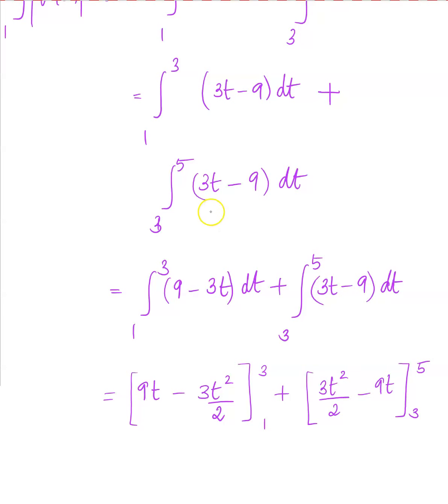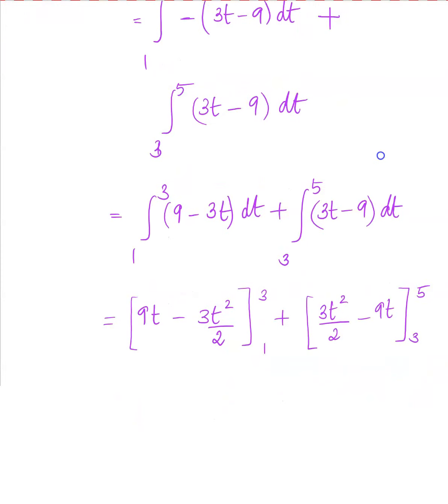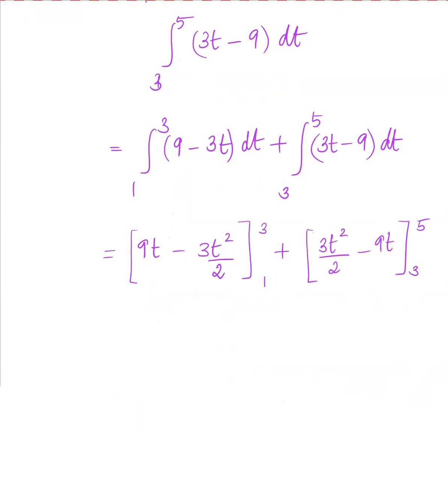In fact, you see the reversal of the terms, right? 3t minus 9 with a negative reverses the sign, and therefore you have it as 9 minus 3t. This will take care of the resulting answer from being negative. Okay, top limit.